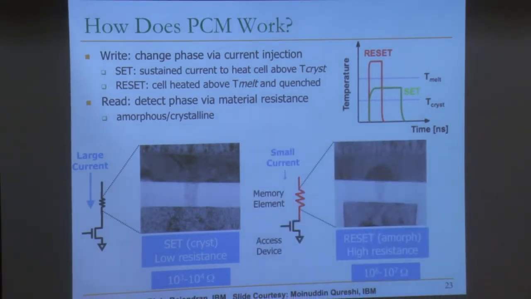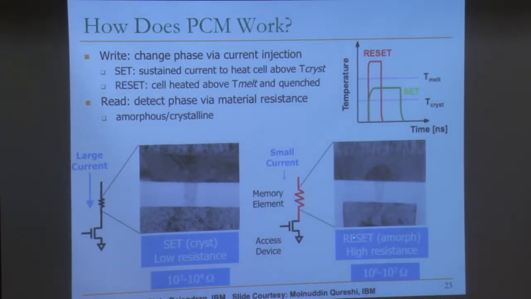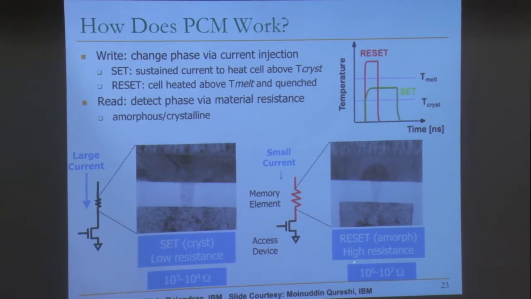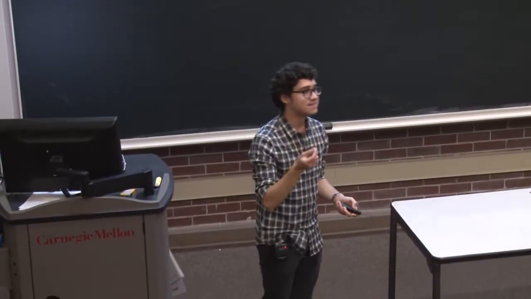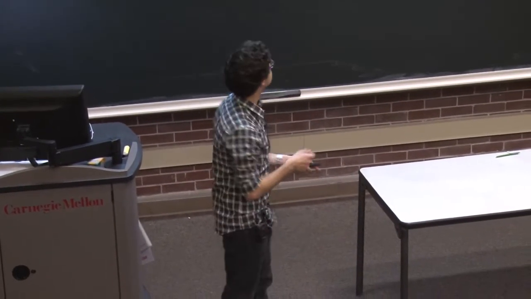If we contrast it with the reset amorphous state that has a high resistance, you can see that it's actually tinier here. So it has a higher resistance. It's not going to let as many electrons through per unit time. And you can see that these resistances actually vary by orders of magnitude. This is an important property to have because it makes sensing the resistance a lot easier. We don't have to have as sensitive circuitry to sense the resistance.